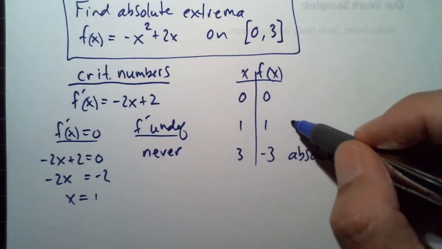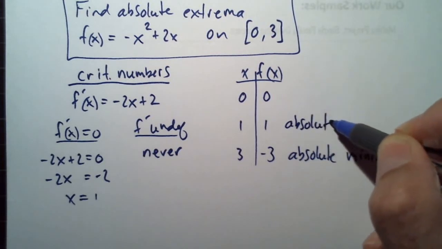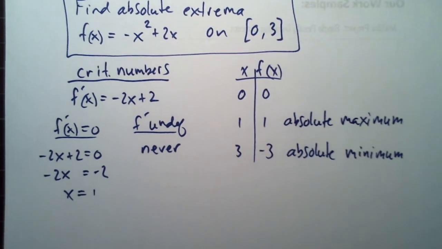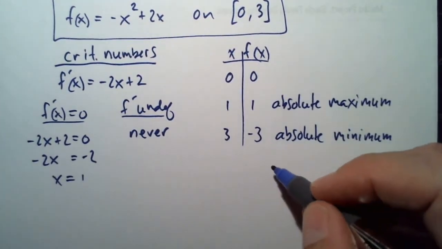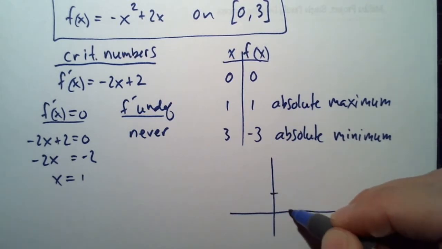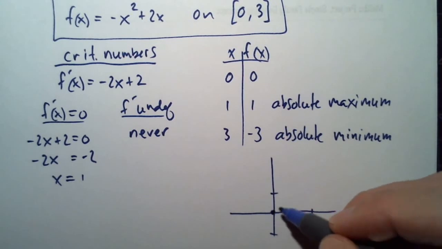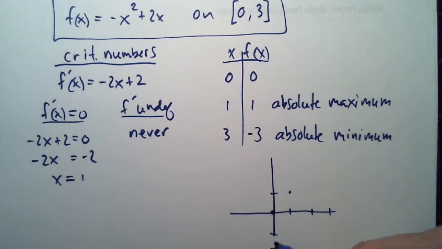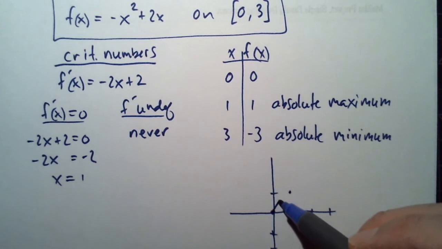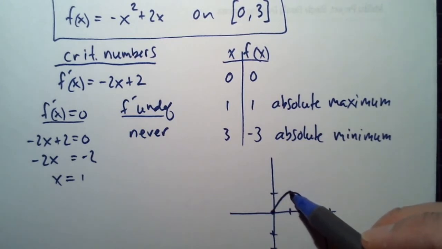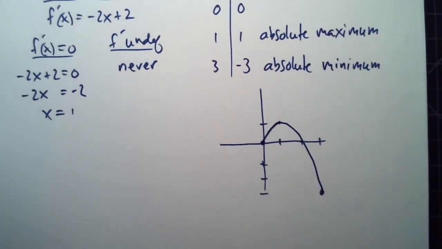And then the highest y value is the absolute maximum. 0, 0, 1, 1, and 3, negative 3. So we can see the high point, absolute maximum, and the low point, absolute minimum.